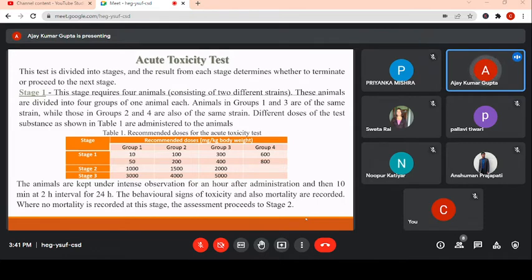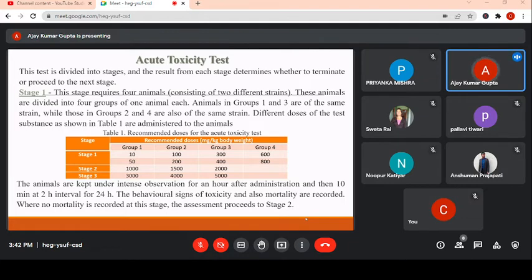That means immediately after administration, continuous observation has to be made for an hour. Then afterwards, at each 2-hour interval for 24 hours, 10 minutes each, observation has to be made for behavioral signs of toxicity, and mortality is also recorded.